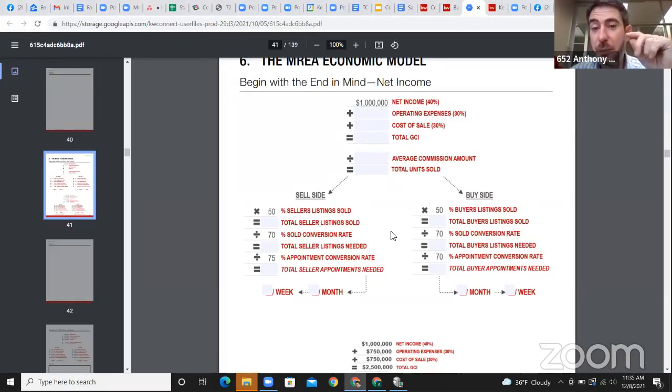Let me piggyback on top of that. We kind of know what the standards should be. We can expect that you should really be able to list 50% of the listing appointments that you go to. There's going to be times where you don't. Now, a lot of agents will say, I list 100%. That might mean you're not taking enough appointments, or you don't get enough at bats.